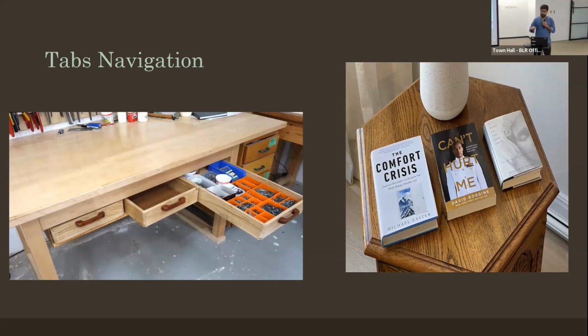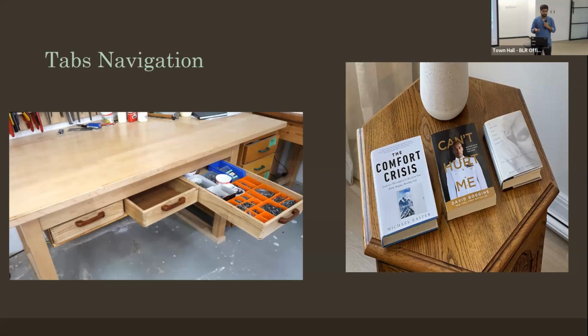I have posted three books in the image so you can differentiate a drawer from a stack. A drawer can have related context to each other, but tabs are dedicated services or product features that you want to display in your application. Comfort Crisis is a whole set of different books that will give you different context. Can't Hurt Me is totally different.